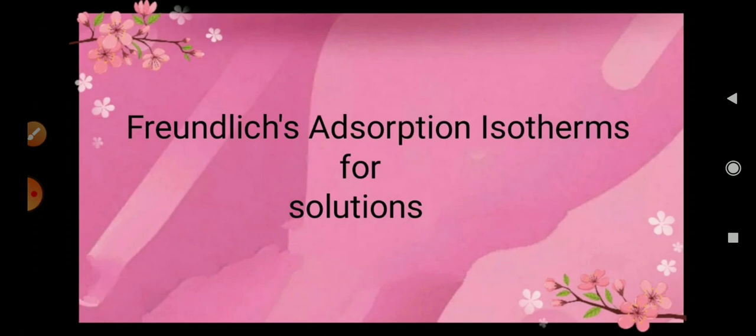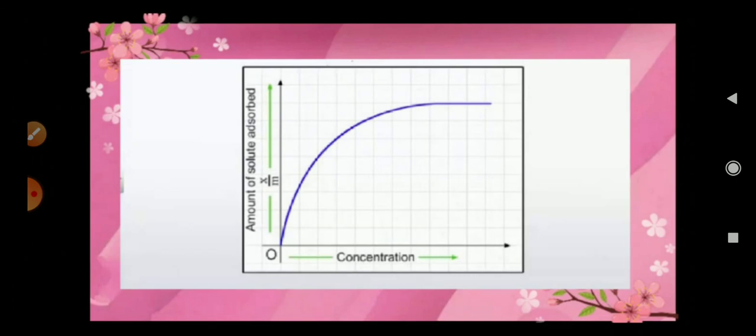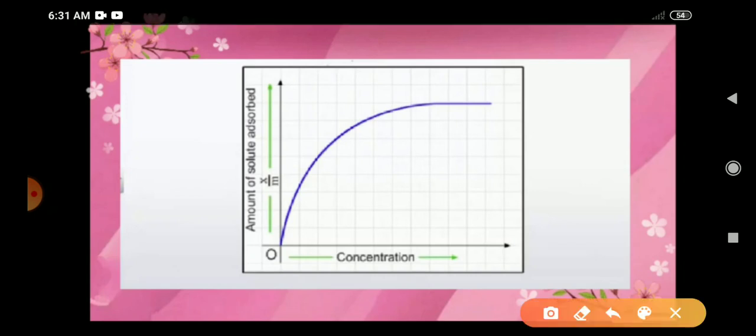This we have already discussed in the case of the adsorption of gaseous particles on solids. Now let us discuss the adsorption isotherm for solutions. Here the plot is made between x by m, that is the amount of solute adsorbed, and C, the concentration. Look at the difference here.